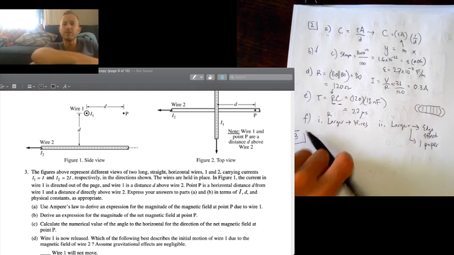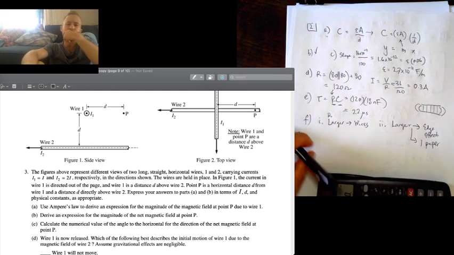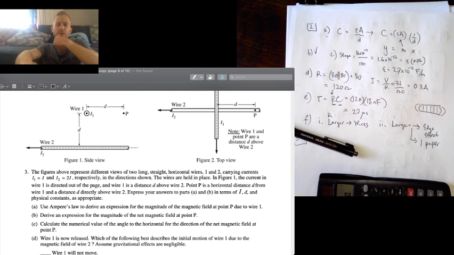The wires are held in place. In figure 1, the current on the wire is directed out of the page, and wire 1 is a distance D above wire 2. Point P is a horizontal distance D from wire 1 and a distance D directly above wire 2.